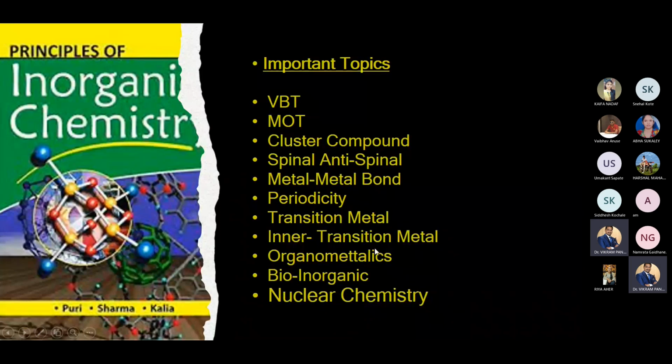All these chapters are included in the inorganic chemistry Puri Sharma Kalia book. There is another book, Puri Sharma Pathania, but that is for physical chemistry, not inorganic chemistry. For inorganic chemistry, you have the Puri Sharma Kalia book. This is a very important book, and the cost is around 400 rupees or less.